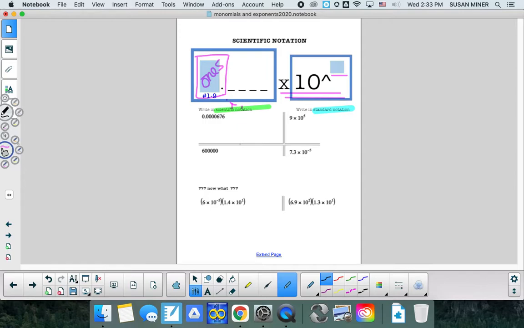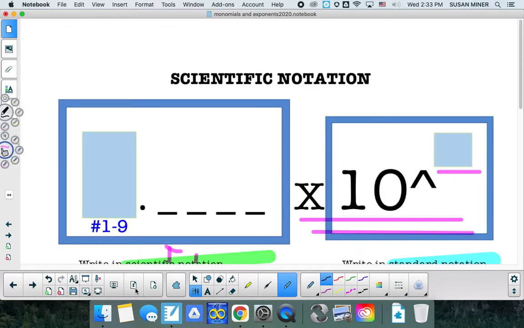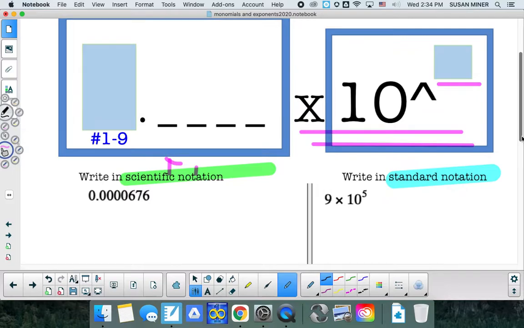Now, when I'm writing scientific notation, let's use some of these. I'm going to make this just a little bit bigger here. Okay, so here is our setup. And then what we want to do is write this number in scientific notation. And what I have is a really, really small number.